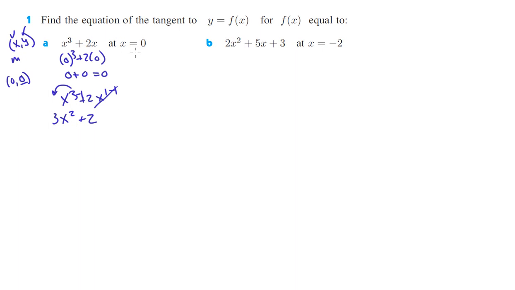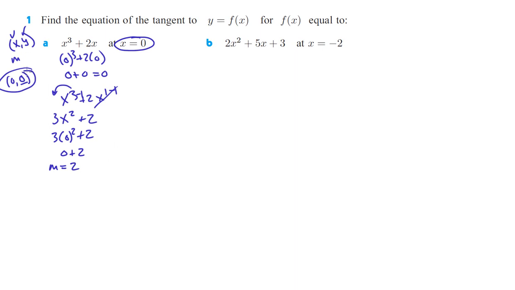So this will give us the slope of the tangent at any point we want, and we know that x has to equal 0, so we're just going to plug 0 in for the x. So 3 times 0 squared plus 2 is going to give us 0 plus 2. So we now know that the slope is 2.